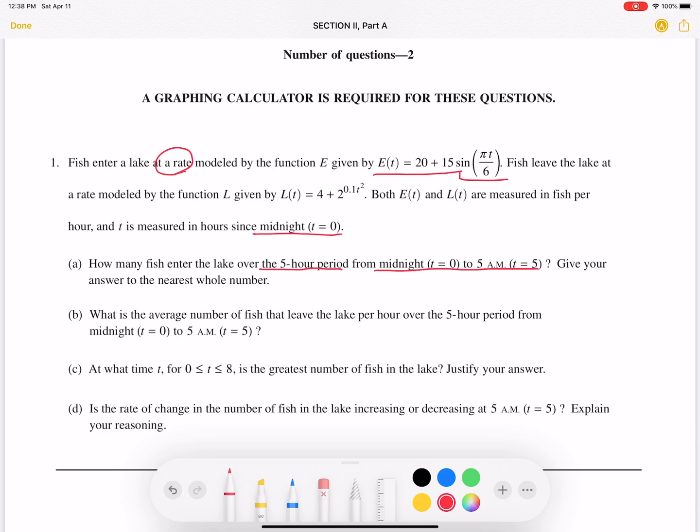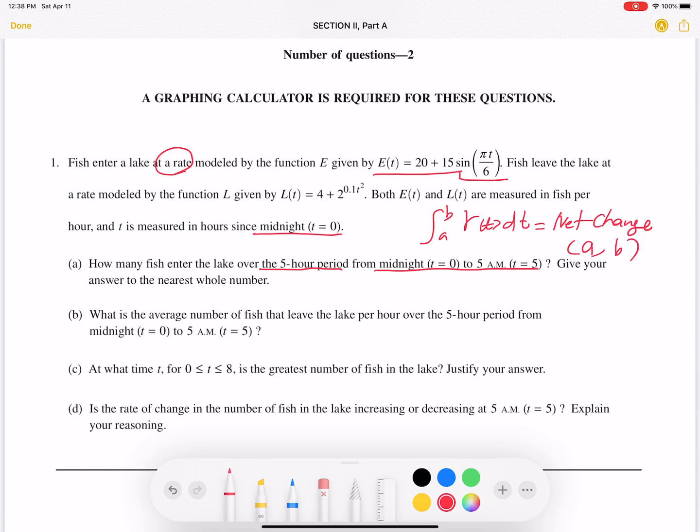So you should understand that the integral from a to b of a rate dt, the rate of whatever, rate of population, in this case rate of number of fish, means the net change from a to b.